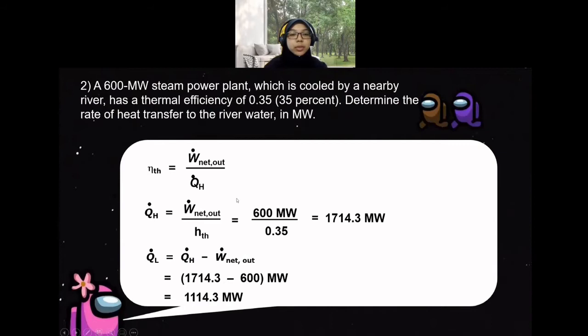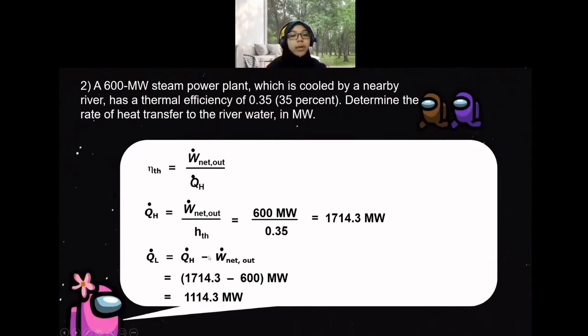So first, to solve this question, we use the eta formula. Eta equal to W dot out over Q dot H. And then we need to modify the eta formula to find the Q dot H value. So Q dot H equal to W dot out over eta. So we insert the value 600 megawatt over 0.35. We got the Q dot H value 1714.3 megawatt.